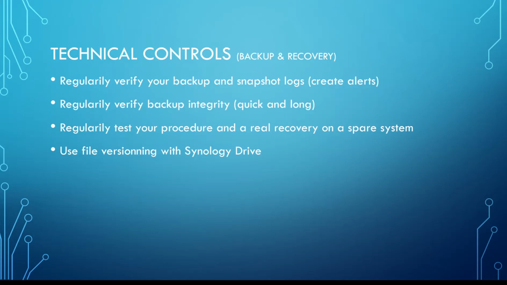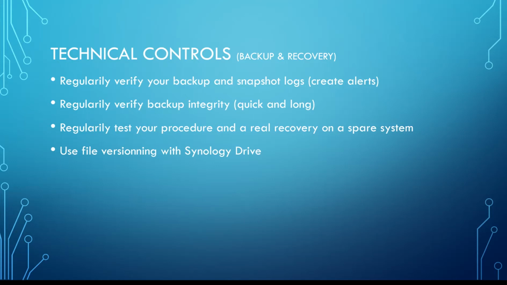But you also have to regularly test your procedure, and you have to do a real recovery on a separate system, because sometimes the backup logs are okay and the integrity check is okay, but when you recover your data, you see that something is not working right. Some data is missing, the archive probably just got corrupted, you never know.